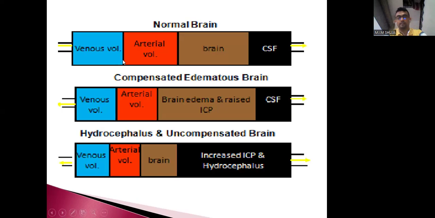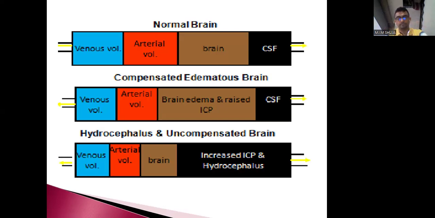So like this, the normal brain: here the brain tissue, venous and arterial blood, and CSF. These are just diagrammatic graphs. They do not exactly resemble the amount of area occupied by each component.